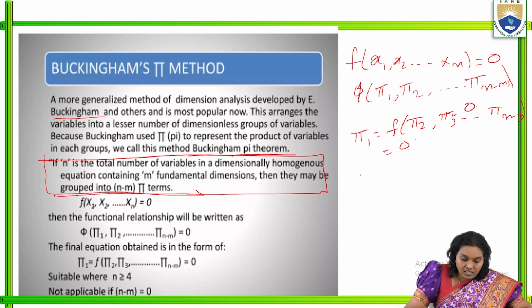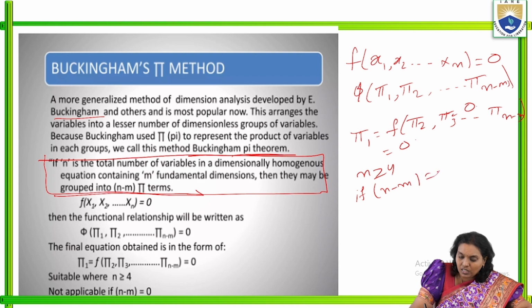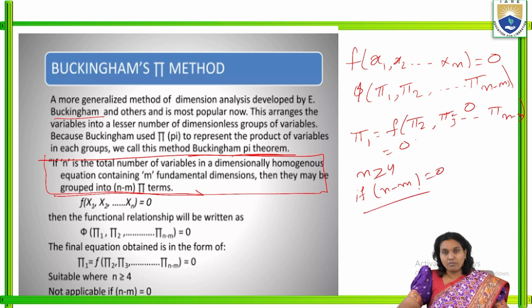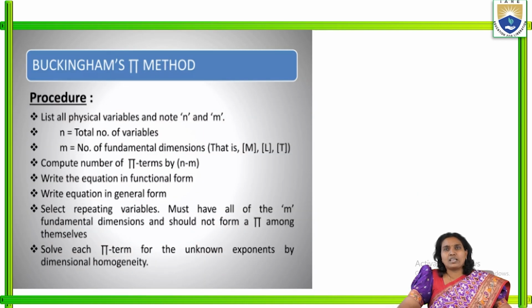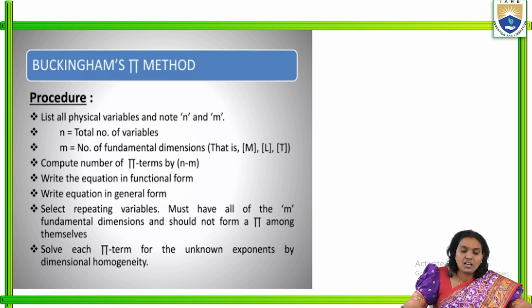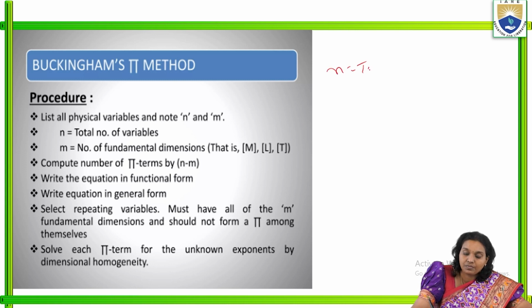It is suitable for n greater than 4 variables, and it is not applicable if n minus m is equal to 0. Now the procedure: list all physical variables, and note n and m. N is equal to the total number of variables.